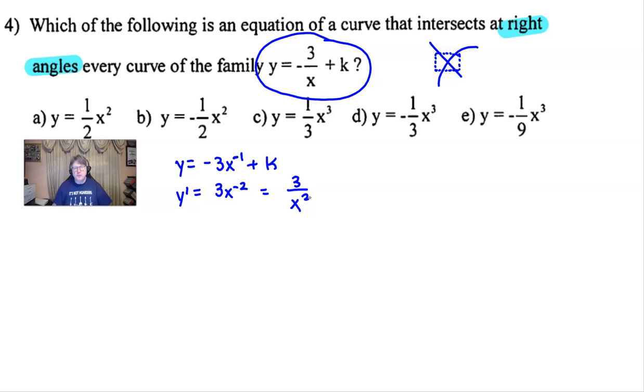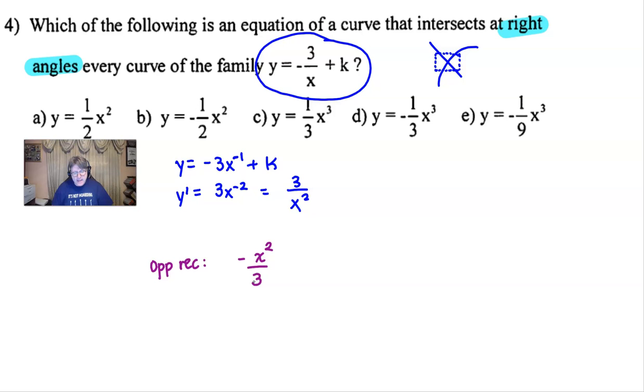But now use the concept of the right angle. In other words, you need to take the opposite reciprocal of this. Our opposite reciprocal slope is going to be flipping x squared on top of the 3 and putting a negative sign.